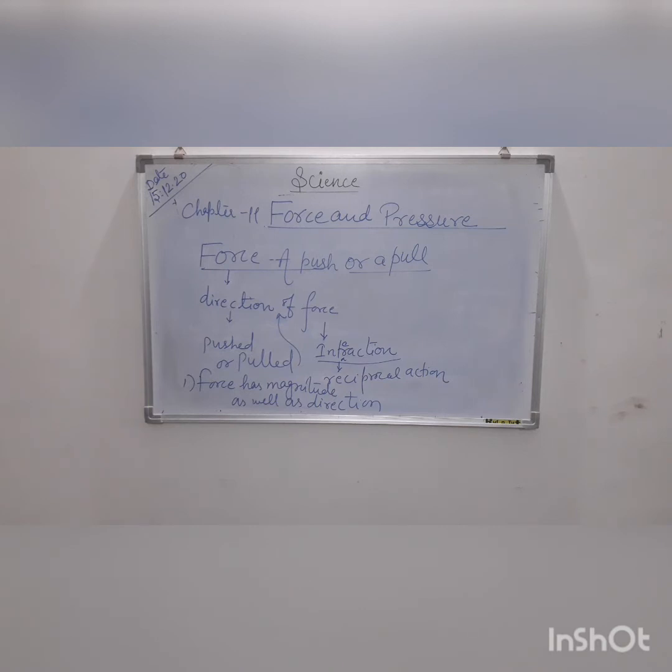On the other hand, if the broad heel of a man's shoe falls on our foot, it hurts our foot much less. Why? This is because due to the broad heel, the force of a man's weight falls on a large area of our foot, due to which the pressure produced on our foot is much less.